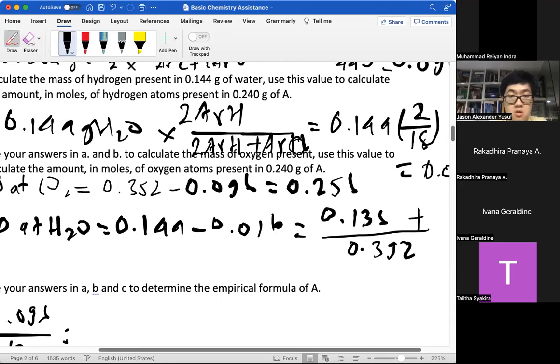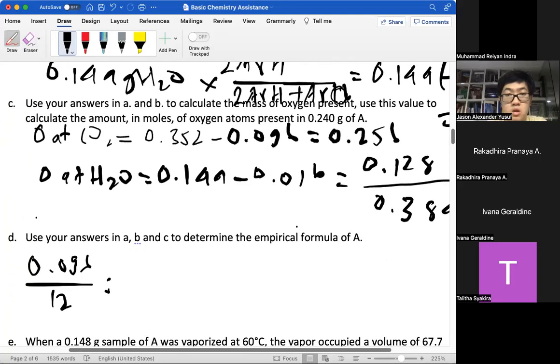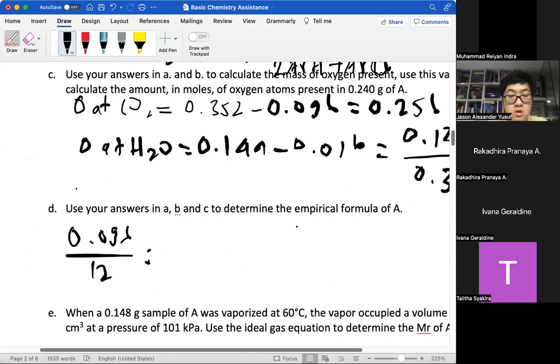Since this is 0.0128. Okay, then the final value will change. 0.384. Right. Okay. As I was saying just now, let's go back here.